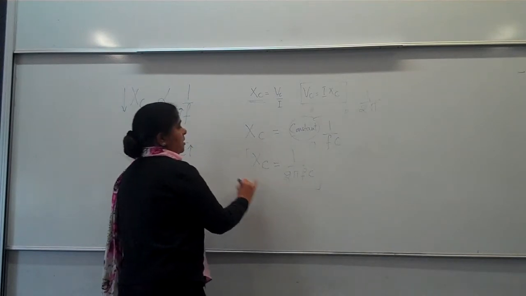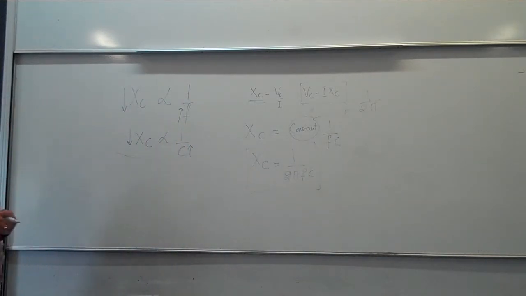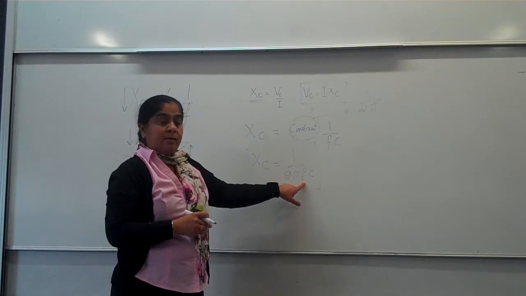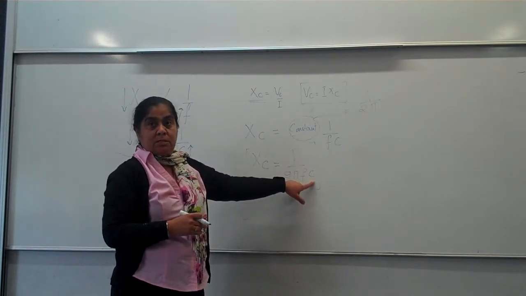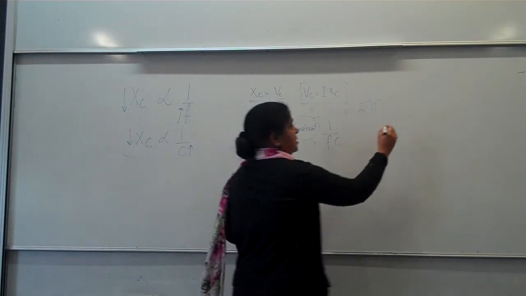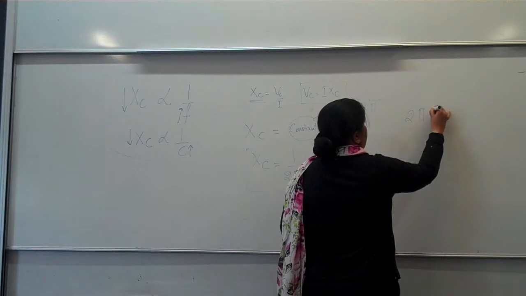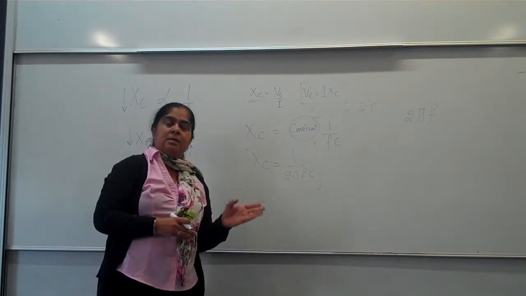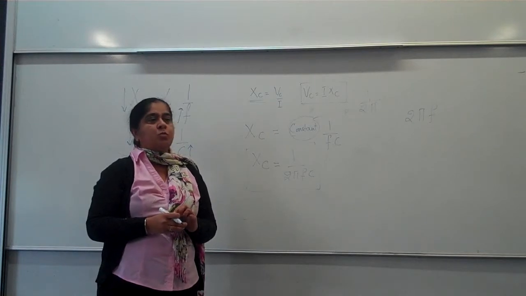Another important equation. XC is dependent on the frequency of the AC supply and the strength of a capacitor. 2 pi f. Does that remind you of something? Have you come across these things together in any previous chapter? 2 pi f.